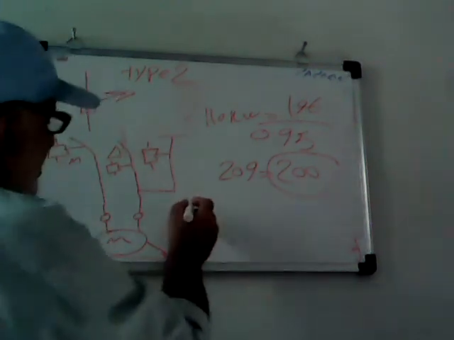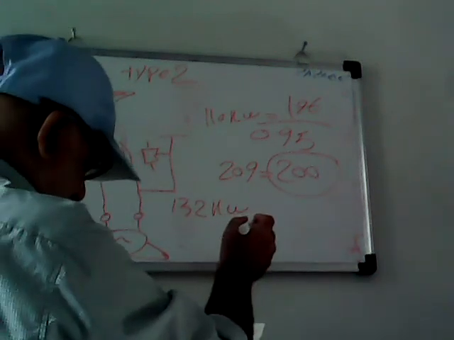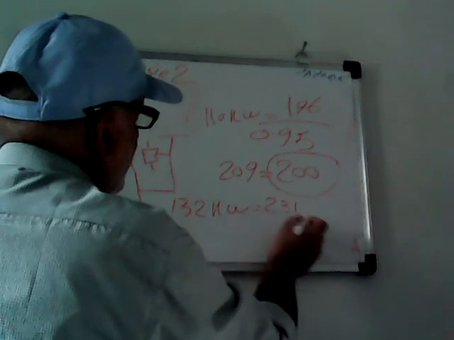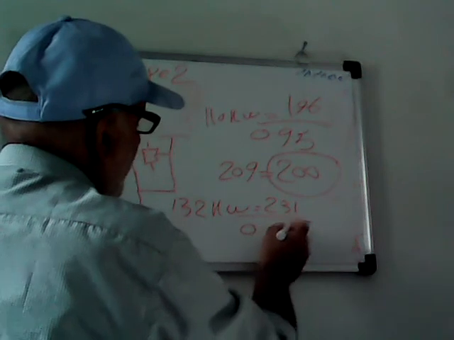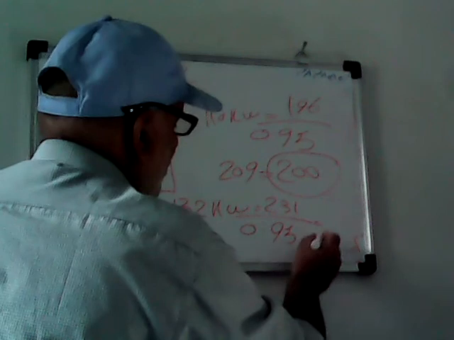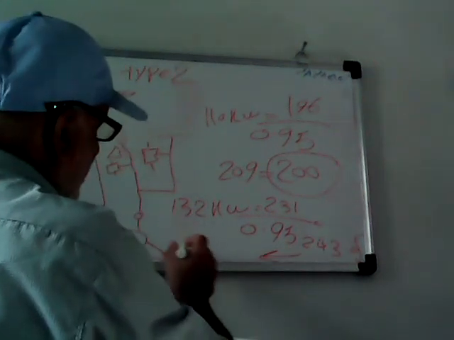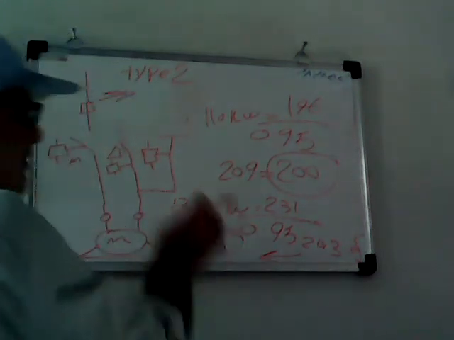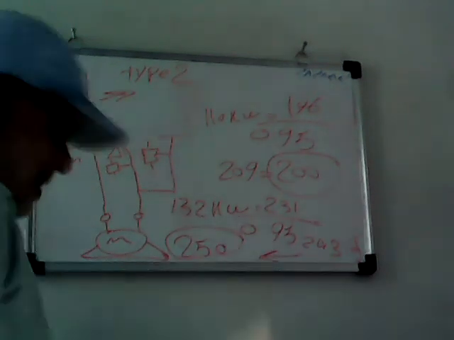Another example, 132 kilowatts. The nameplate current 231 divided by 0.95 gives 243. Your fuse is the standard rated fuse 250. Very easy and very fast. You just use the constant numbers which I invented.